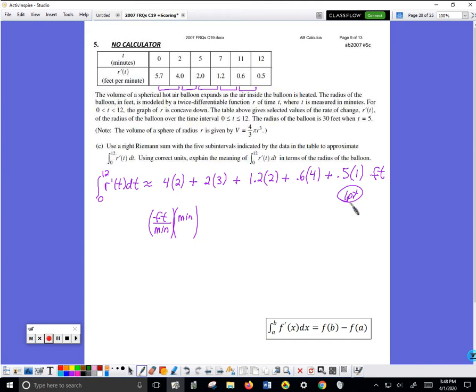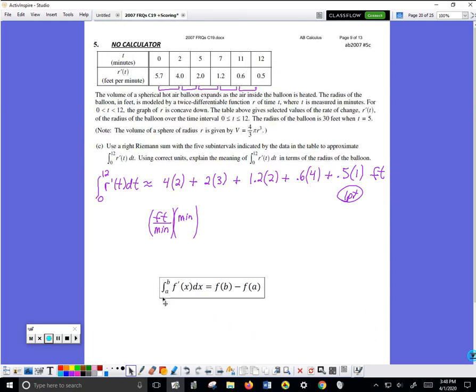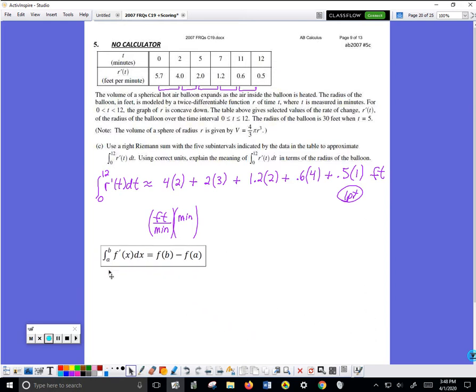Using correct units, explain the meaning of this. That's the fundamental theorem. That's why I grabbed this off the golden notes. So we're integrating R prime from time equal 0 to 12.